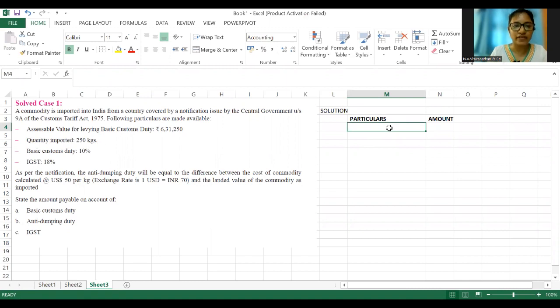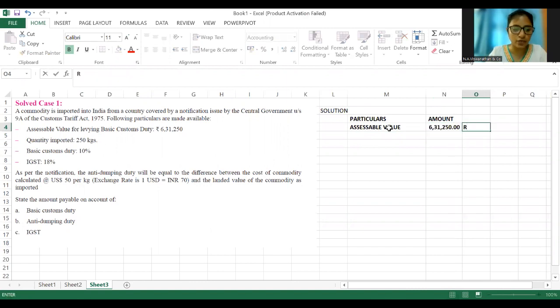Assessable value for levying basic customs duty. They have already given us the assessable value in the question. It is 6,31,250 rupees. So again, no issues with conversion of rate. Quantity imported is 250 kilos. Basic customs duty is 10% and IGST is 18%.